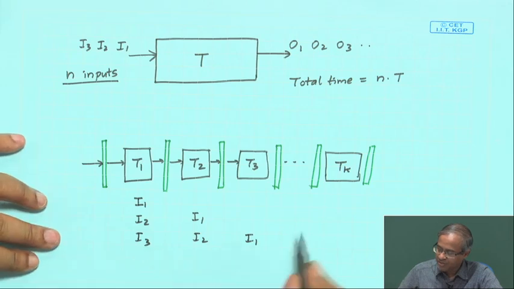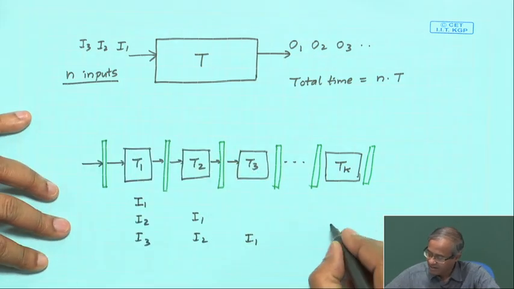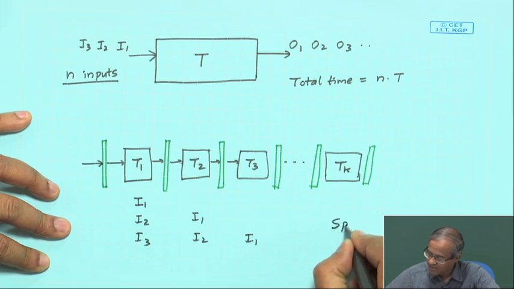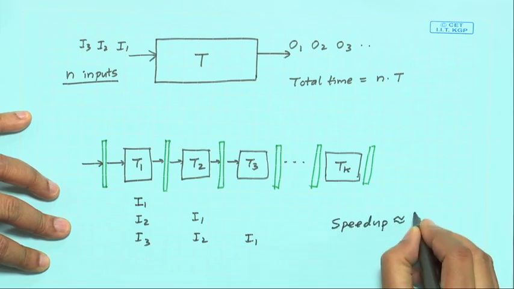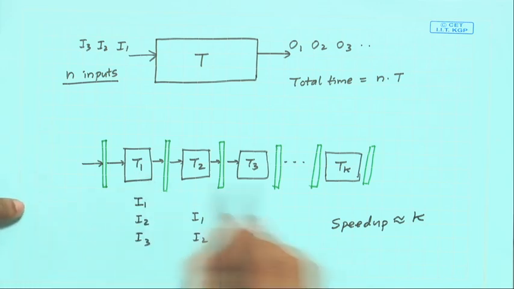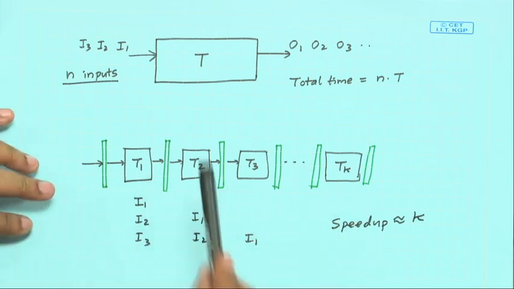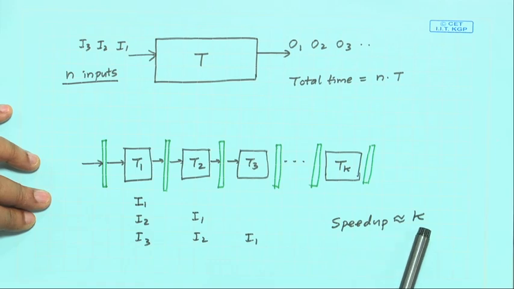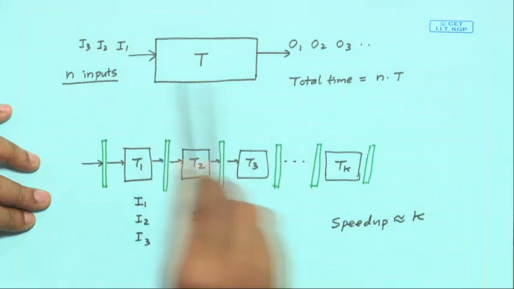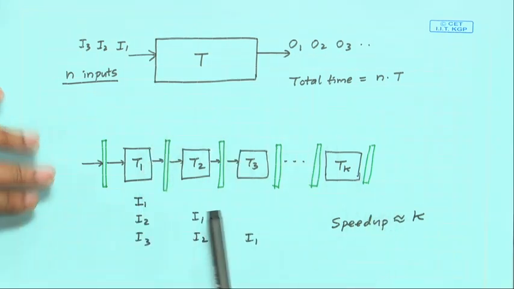In this way we can get overlapped execution. When n is large, we can get a speedup which is approximately equal to k, the number of stages. So, by using pipelining, we can have more computation per unit time.